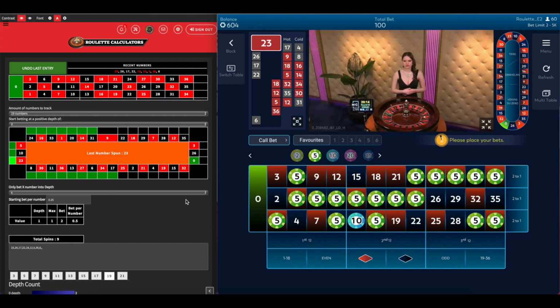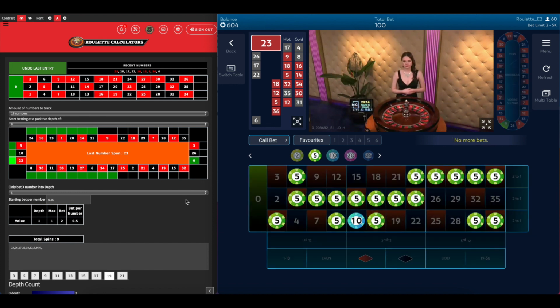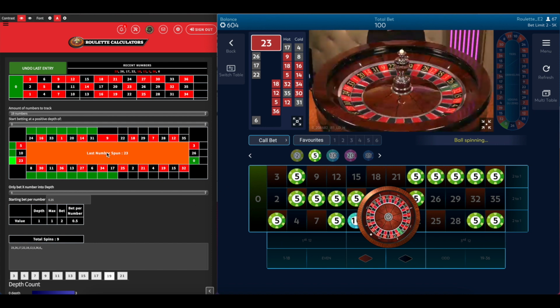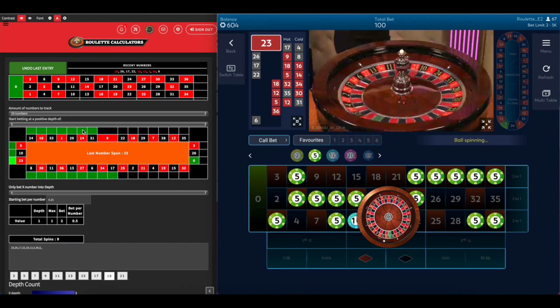So let's see where she spins the ball from. Is it going to be from number 23 like it should be? No, she spun it quite a few before that, probably around 14. Yeah, you can see it's completely flipped now.